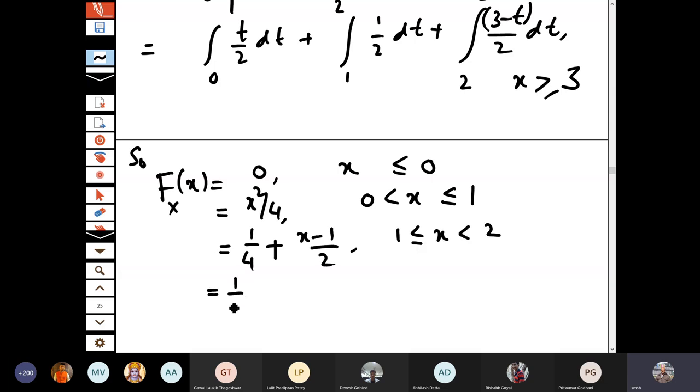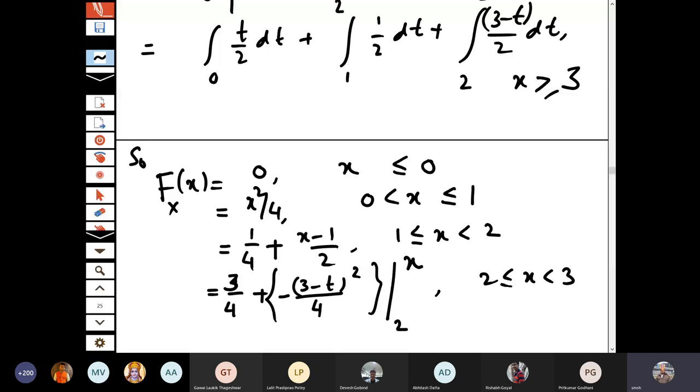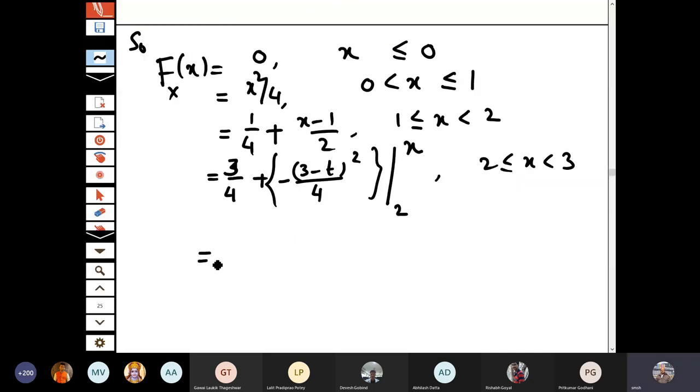Then next it is becoming 1 by 4 plus, at 2 it will become half, so it is becoming 3 by 4. So it is 3 by 4 plus the integral of (3 minus t) by 2 with a minus sign from 2 to x, and it is equal to 1 for x greater than or equal to 3.